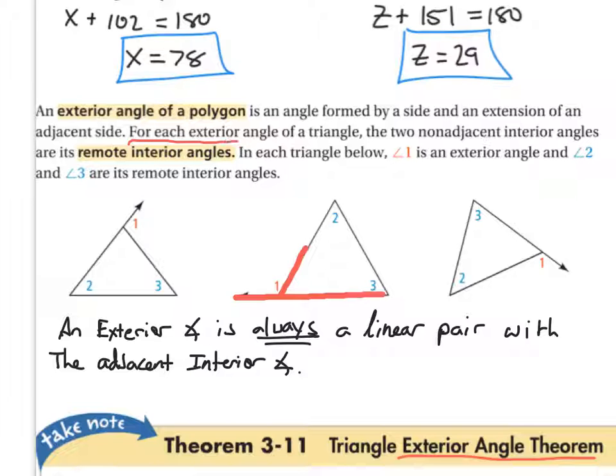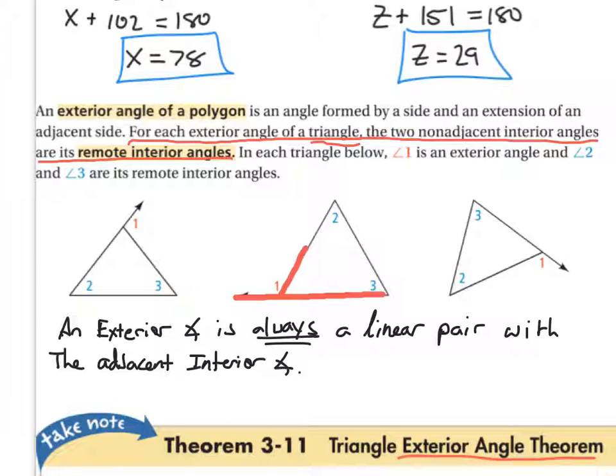So, for each exterior angle of a triangle, this isn't true for all polygons, the two non-adjacent interior angles are its remote interior angles. Okay? So the remote interior angles are the non-adjacent interior angles. The two interior angles that are not right next to it. Okay?